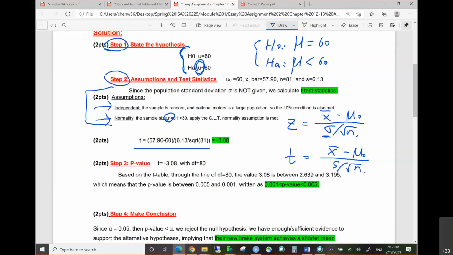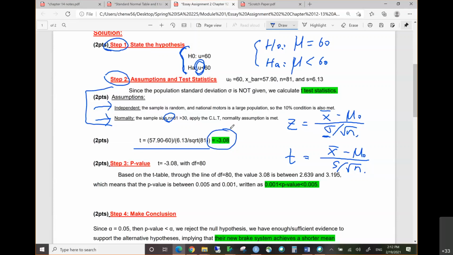Don't think that if you have the right value here, you will be fine. It is not fine. You need to specify whether you have the t-test statistic or the z-test statistic. This is the first problem I see.